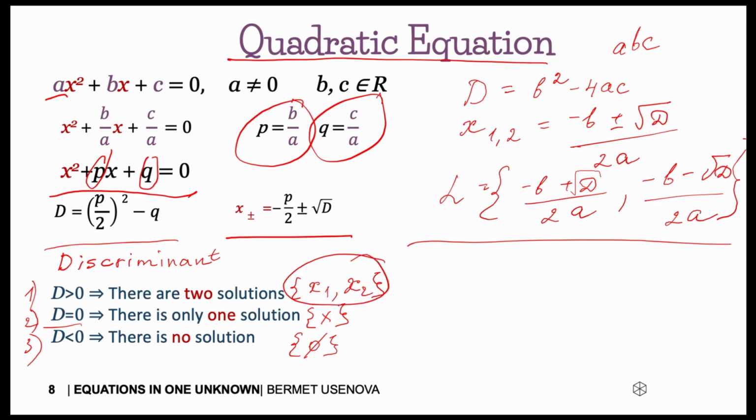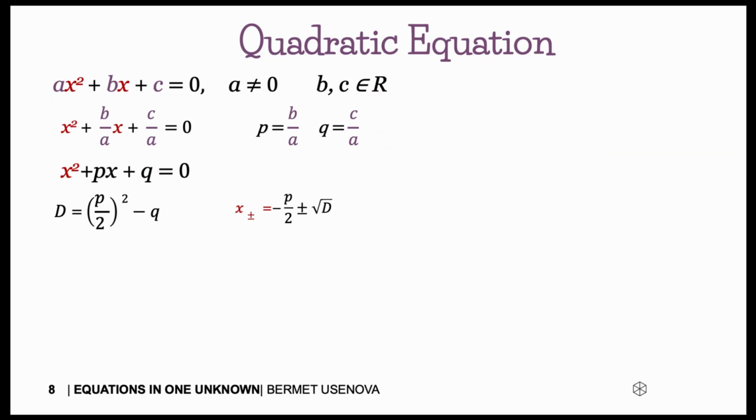Let's have a look at an example and try to solve one equation, and I think it will get clear. I will leave the formulas for reference. Let's say we have the following equation: x squared minus 6x plus 5 equals 0.